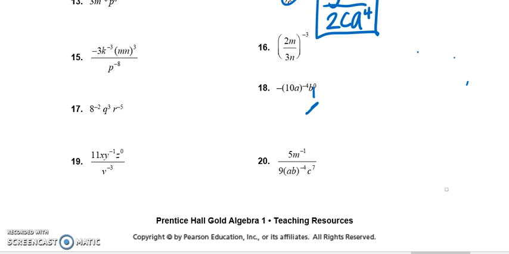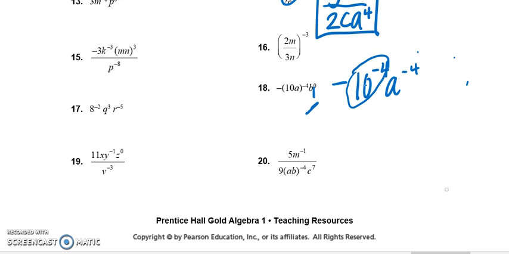So we have negative, and then 10 to the negative 4th, and then a to the negative 4th. If you notice, it's only touching the 10. The negative is not in parentheses, so the negative is not included. So we got 10 to the negative 4th, so the negative can stay at the top, so we'll have a negative 1 at the top.